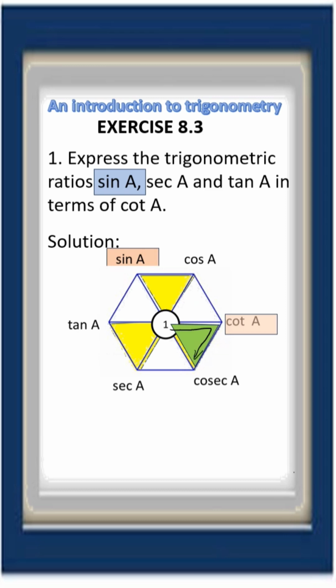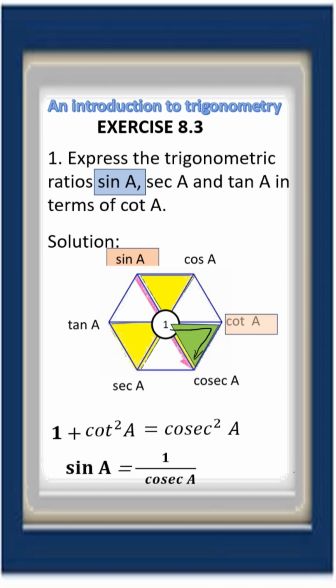Cosecant square A is equal to 1 plus cot square A, or 1 plus cot square A is equal to cosecant square A. As we told earlier, sin A and cosecant A are reciprocal ratios. So we can write like this: sin A is equal to 1 by cosecant A. All these are rough work. You need not write it in the exam book.